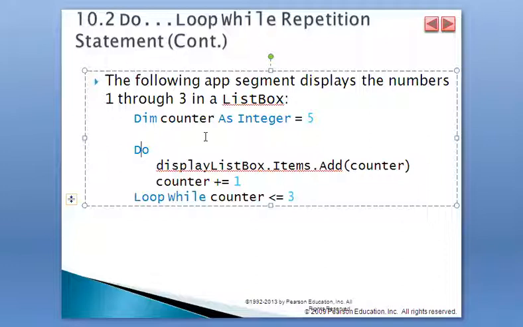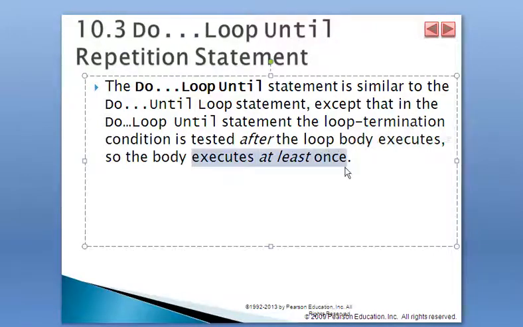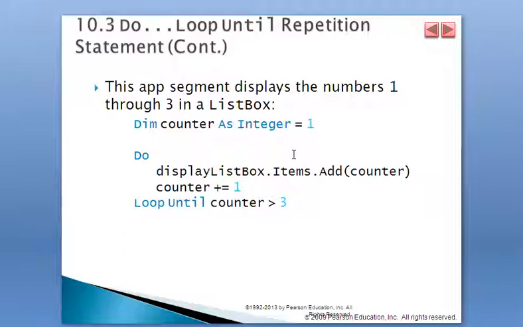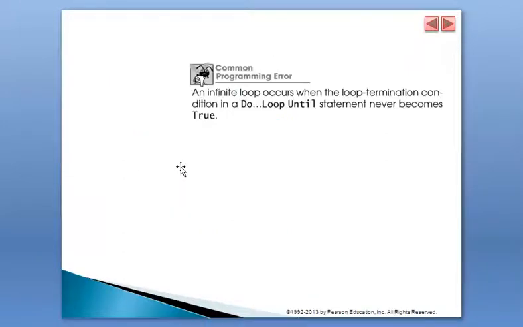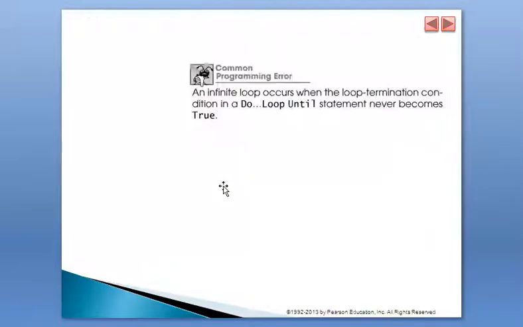So we're going to test this in Visual Basic, and I think there is an observation in the book that says this will be executed at least once. That's what I just said. And again, we want to check for a condition to stop. They also have an equivalent of the do while, the do loop until statement, which is similar to the do until statement from the previous chapter, and again it's going to execute at least once, and this is an example.